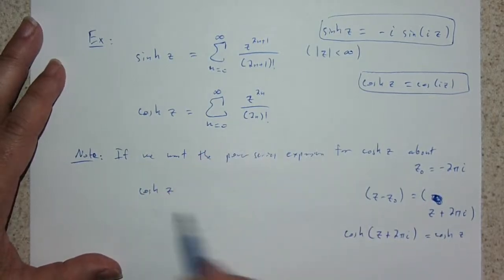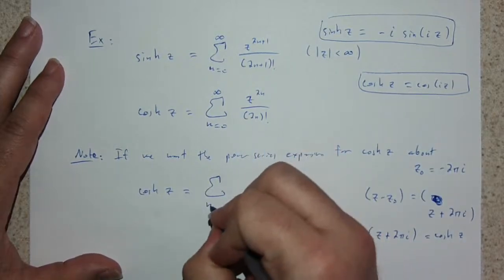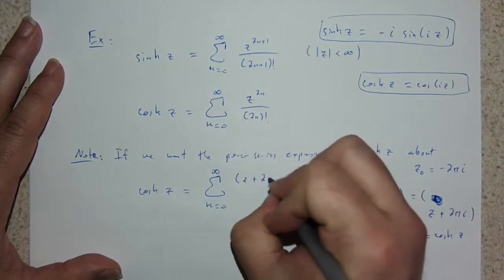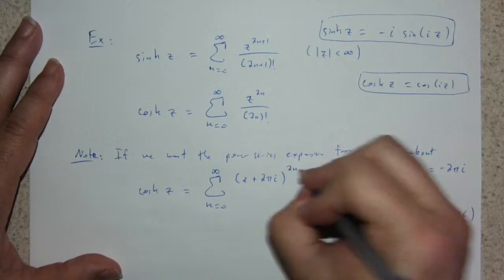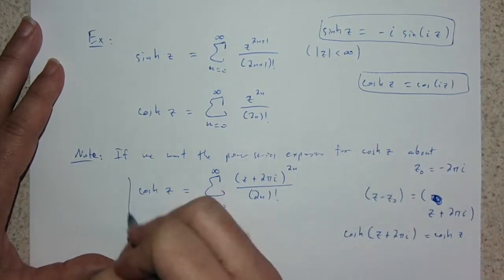Cosh of z is the same thing as cosh of z plus 2 pi i. Plugging that in, this is just the sum from n equals 0 to infinity of (z plus 2 pi i) to the 2n over 2n factorial, for instance.